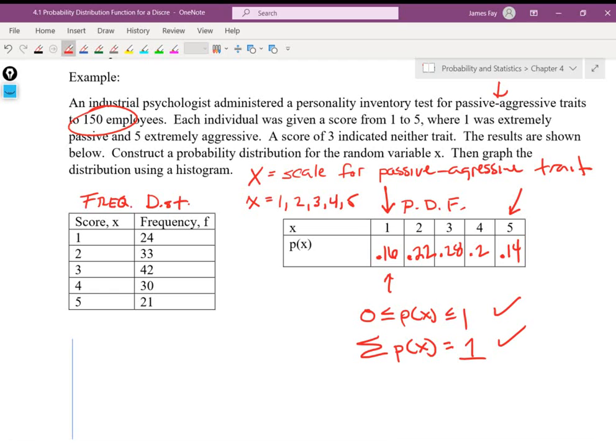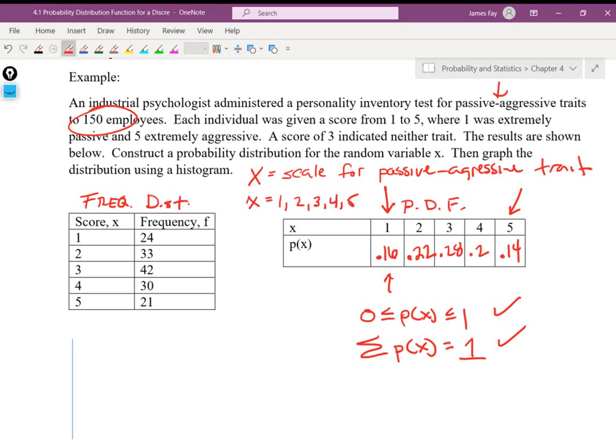And basically what it says is, if I then go to maybe the next 1,000 people, using this data, I can assume that 1,000 times 0.16 is going to give me the total amount of people that are passive.